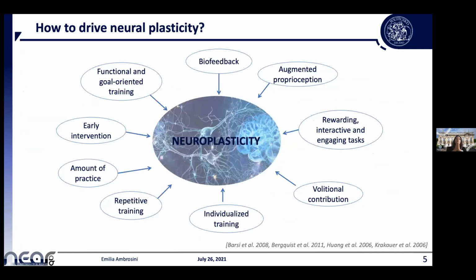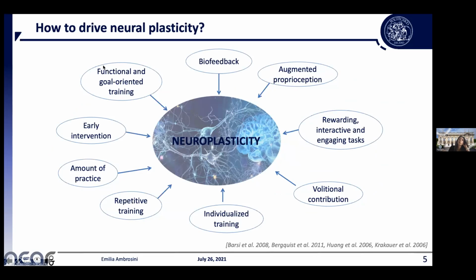So several elements have been described in order to drive neuroplasticity, in order to improve these neuroplastic changes of our brain. And in this slide, I would like to summarize the majority of the elements.